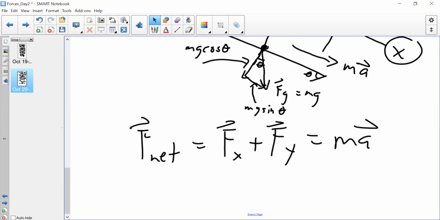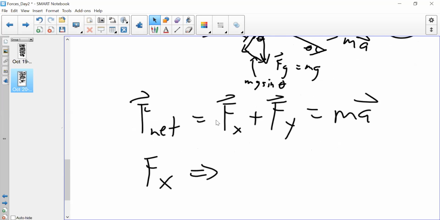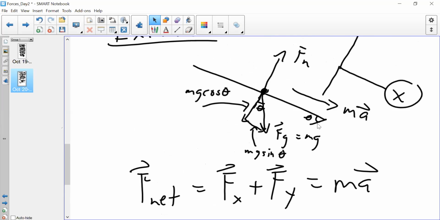So now that we can see that, we'll become comfortable with that the more practice we get. So all the forces in the x direction are mg sine. You're like, oh, wait a minute, cosine is along the x-axis. Well, why didn't it be cosine? Because orientation. mg sine theta, and there's nothing to go against it.